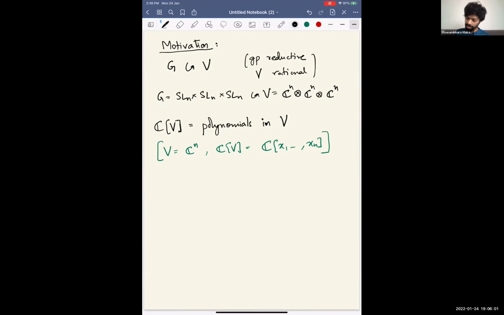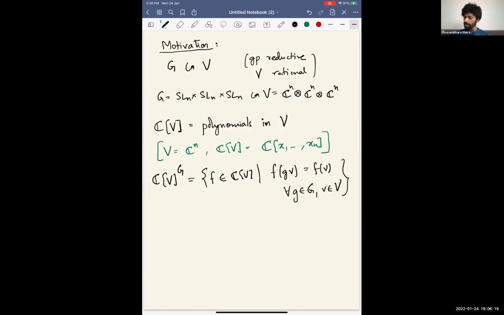You have the polynomials, and then I'm looking for invariant polynomials. These are polynomials such that whether I evaluate them at some point or whether I evaluate them after applying some group element, you're going to have the same value. There are some landmark results, but these date back a century.